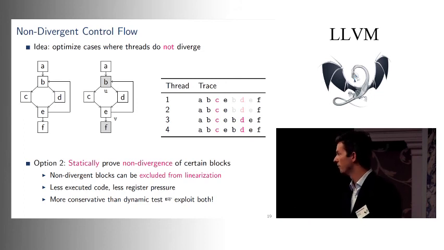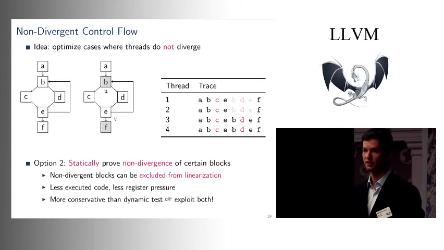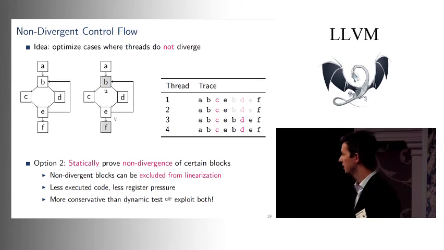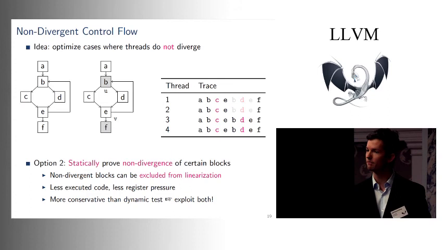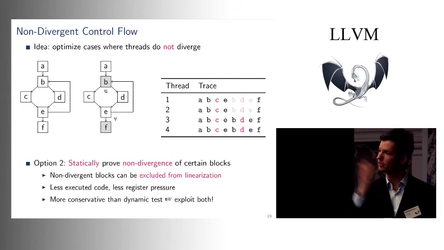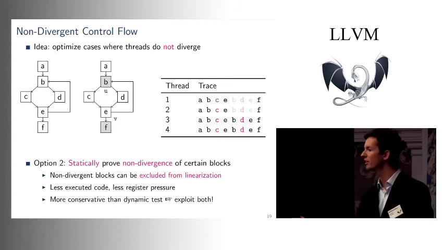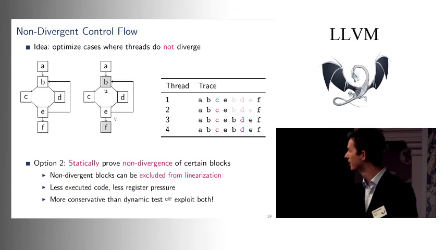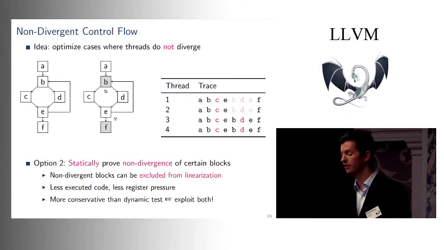This is, of course, a bit more conservative than the dynamic test, because there might be cases where you have sometimes uniform control flow, so sometimes they are all going in the same direction, but not for all instances, not for all threads. But if you can prove it, you have less executed code in the end, and you have the original register pressure, so you don't increase anything there.